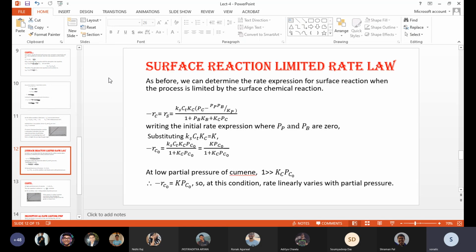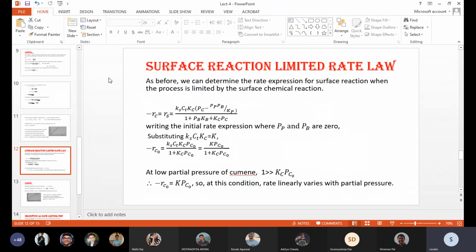Then the rate of adsorption divided by the forward rate constant of adsorption, and the rate of desorption by the forward rate constant of desorption, those two quantities can be taken as almost zero.